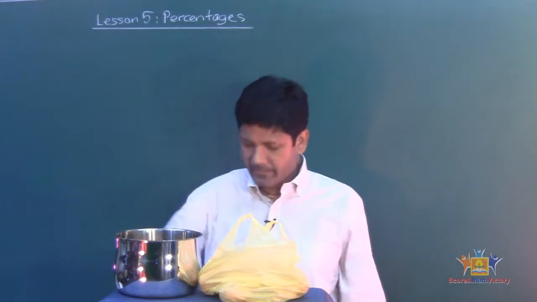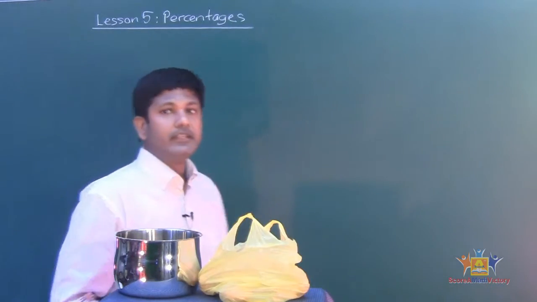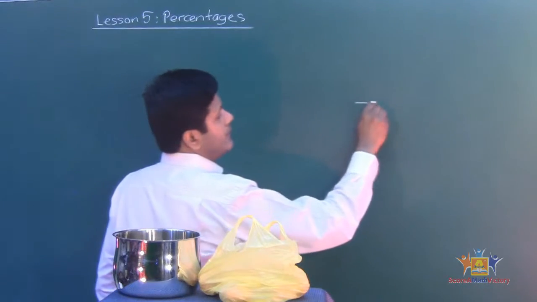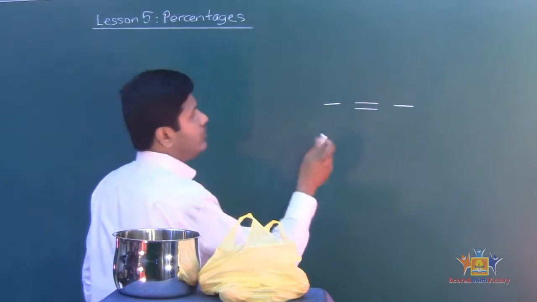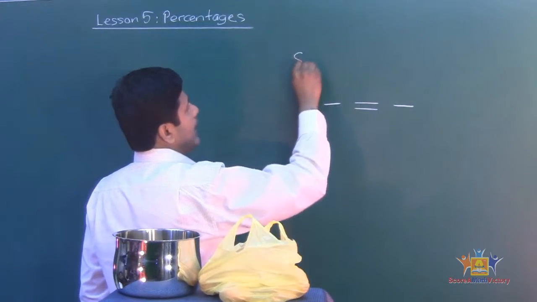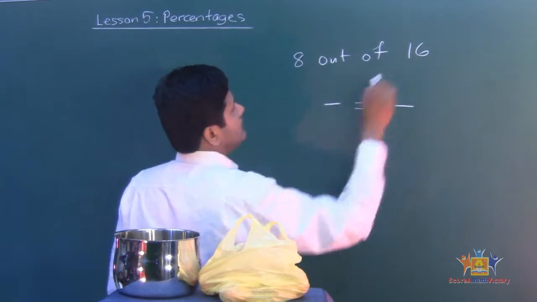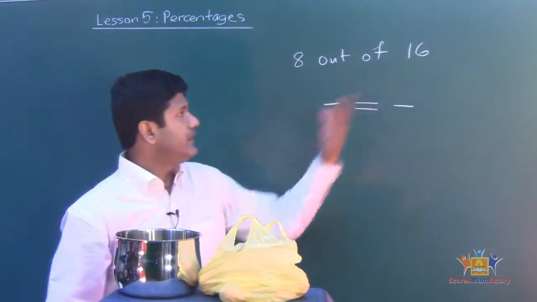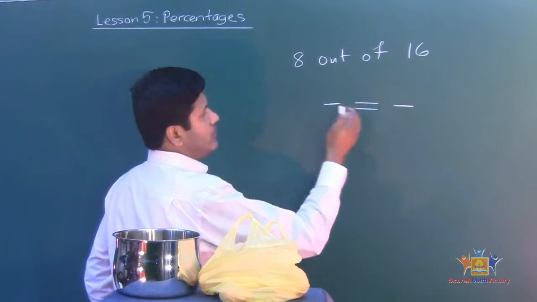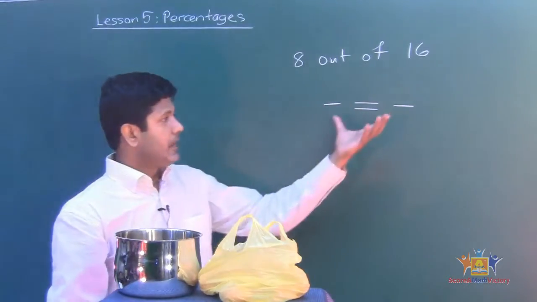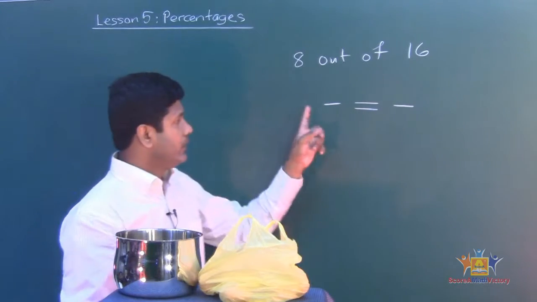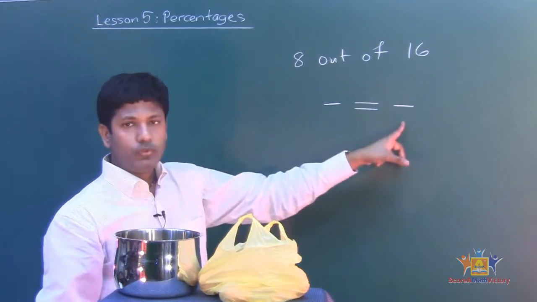So how do we find that? What method are we going to use? Exactly, we're going to use the aeroplane method. In other words, if I say 8 out of 16, that's the question, 8 out of the 16 potatoes. In order to solve this, I'm going to use the aeroplane method, the body of the aeroplane with the 2 wings.